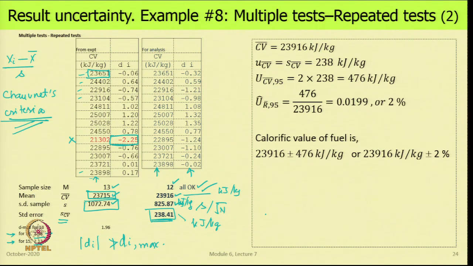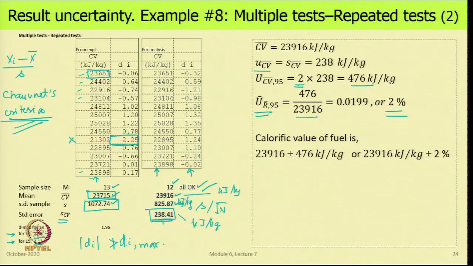Our result now becomes: the mean value of the calorific value is this much, with UCV, which is the standard uncertainty we got here, 238.4, or you can write 239 also. At 95% confidence level, this is 2 times this value, which is 476, and the relative uncertainty is 476 by the mean value, or 2%.